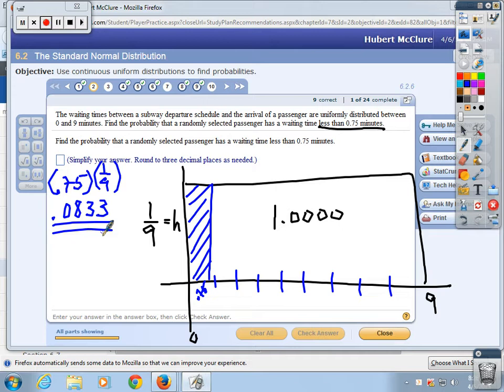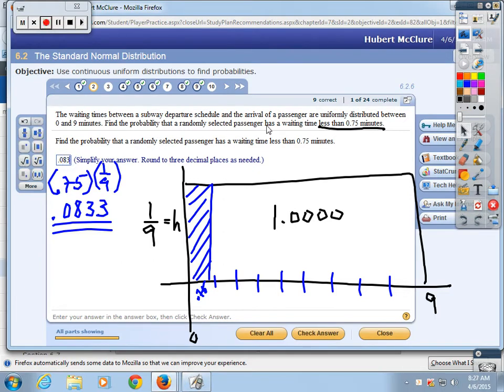So you got an 8% chance of waiting less than a minute, or 0.75 minutes. .083. And you feel good about yourself.